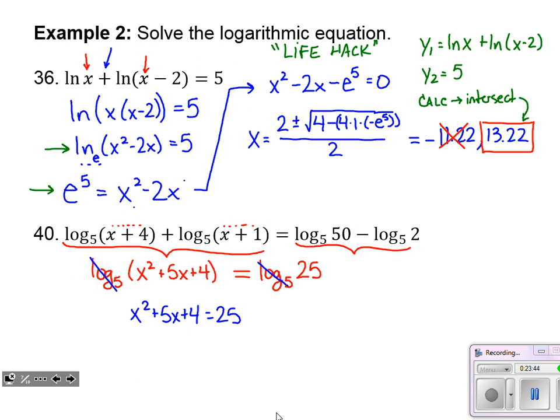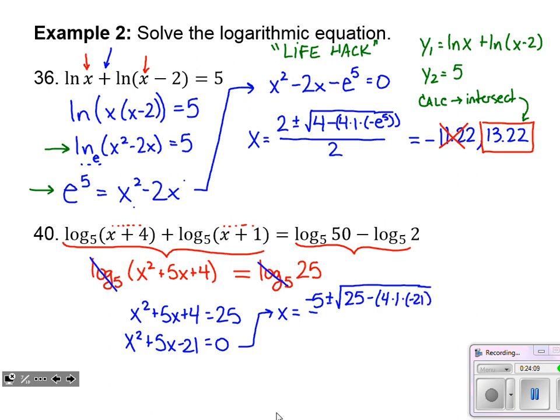Okay, we've got a trinomial again, very much the same situation we had up above. Let's get it set equal to 0. Our quadratic formula says that x is going to equal the opposite of b plus or minus the square root of b squared minus 4 times a times c, all over 2 times a.